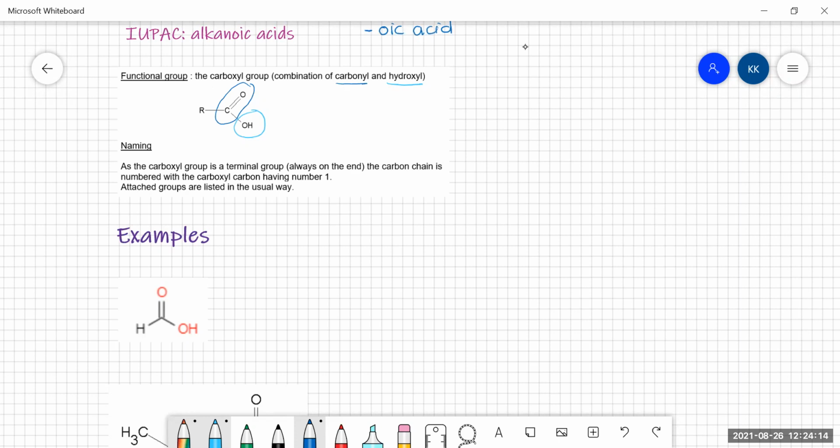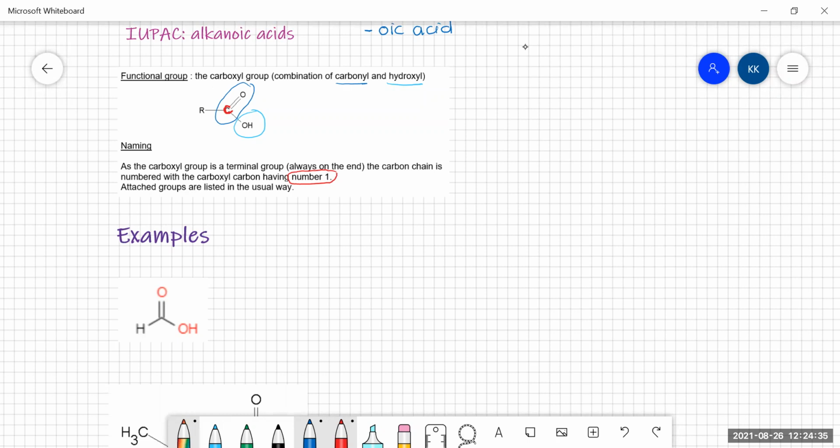So the carboxyl carbon is, not surprisingly, the carbon that's in the carboxyl group, and that always has number 1 in your numbering of the carbon chain, and then we just list the attached groups in the usual way.